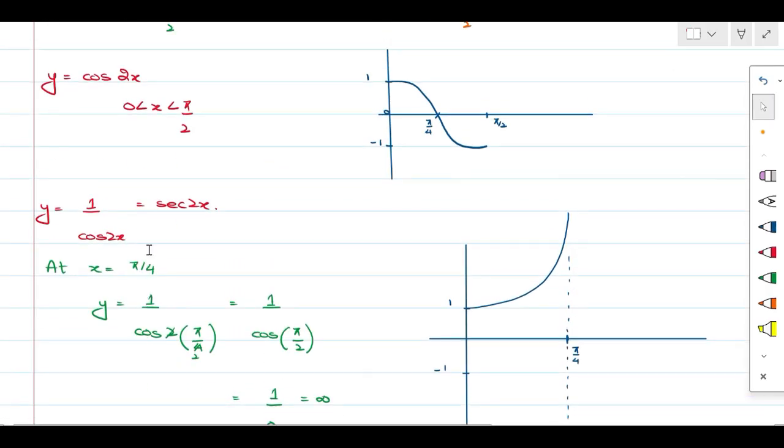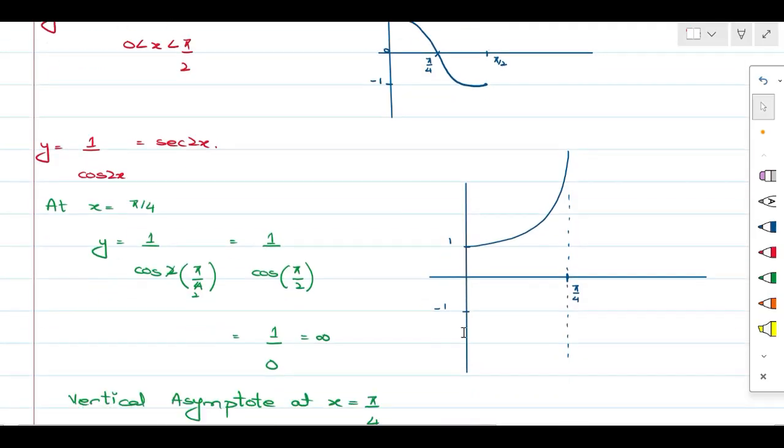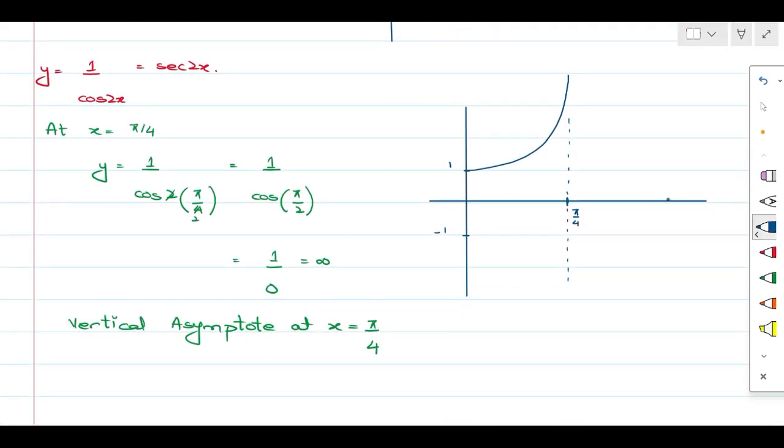Okay, now pi by 2 is your minimum here. Now pi by 2 is going to be the maximum point on the other side. Let's say we have a pi by 2 over here. This pi by 2 is your maximum point and it is going down. Okay, this is how the sketch of y equals secant of 2x looks like, right?